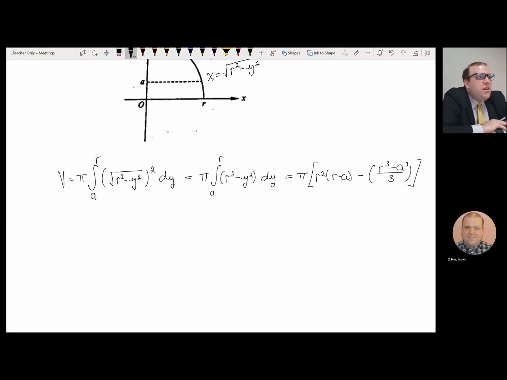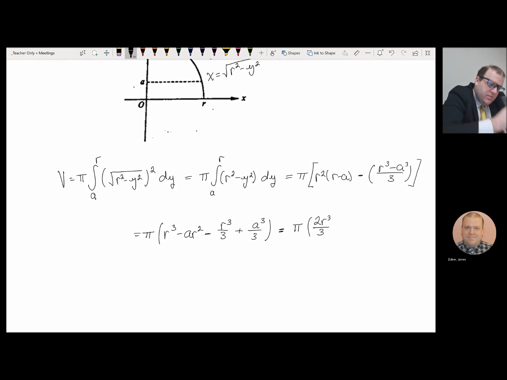Because it's y cubed over 3, evaluated from a to r. So we get 2r cubed over 3 minus ar squared plus a cubed over 3, all times pi.